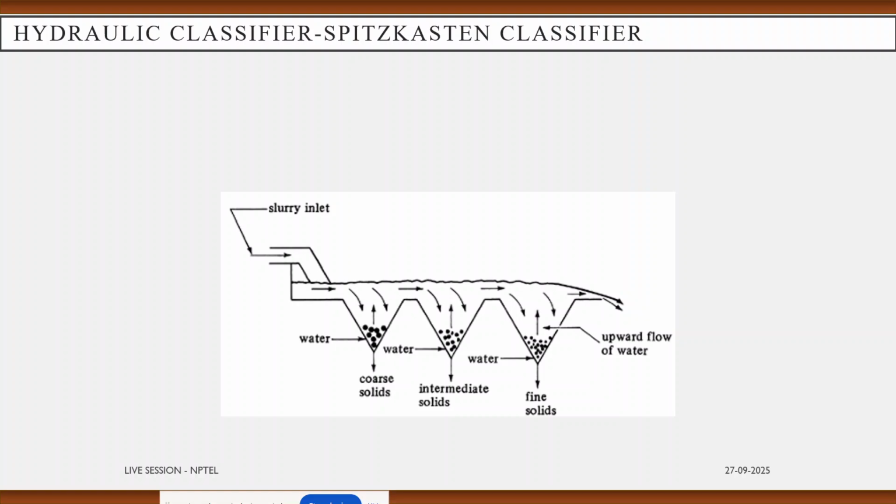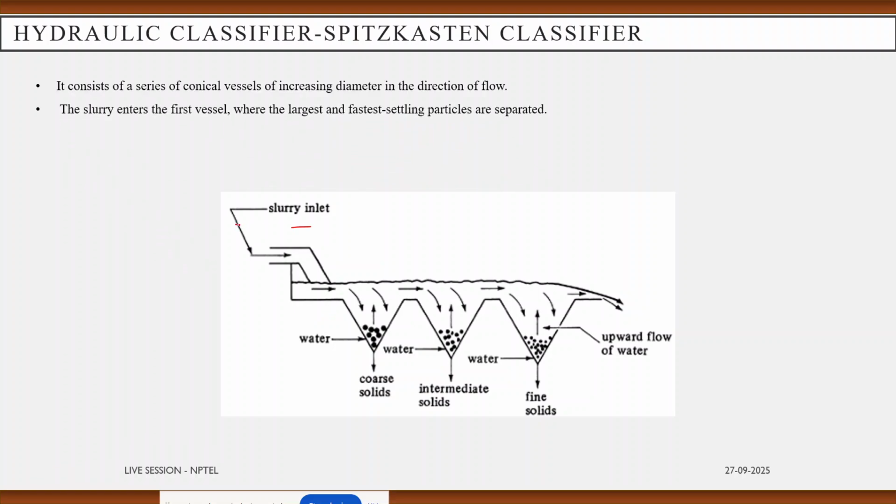So this uses the hydraulic classifier, where we are introducing the slurry into the system, and it consists of several conical vessels of increasing diameter in the direction of the flow.